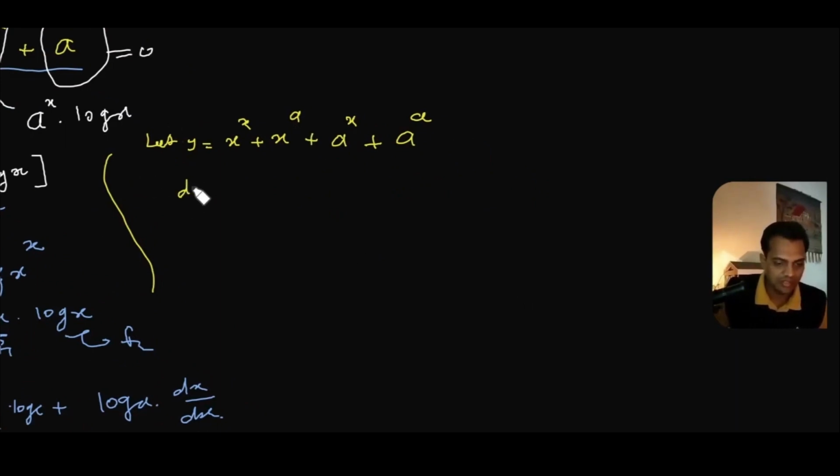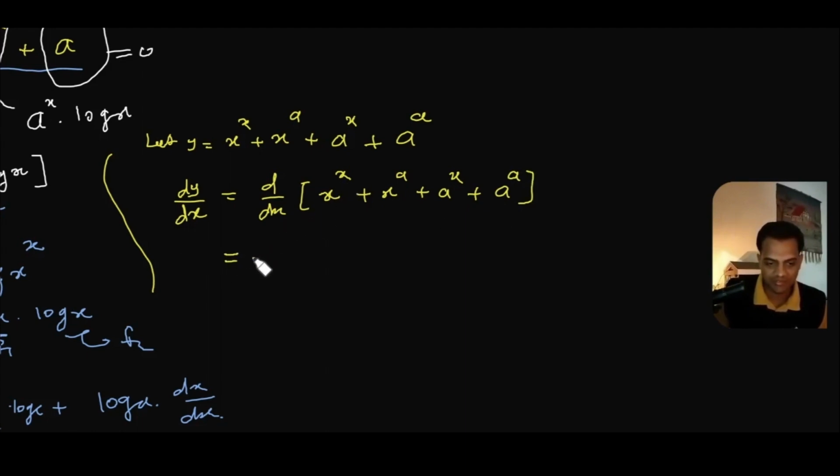So dy by dx is equal to the derivative of this expression with respect to x. The derivative of x raised to x we have calculated earlier: x raised to x into 1 plus log of x.